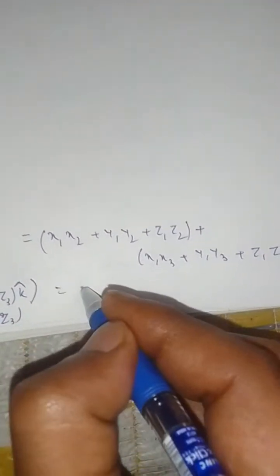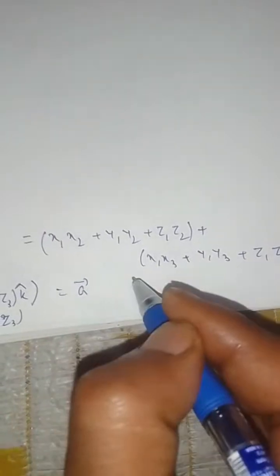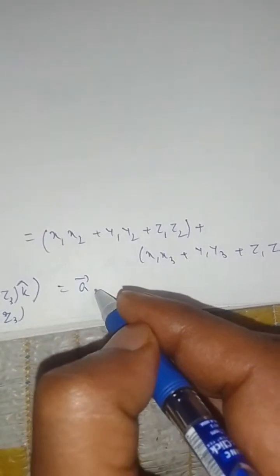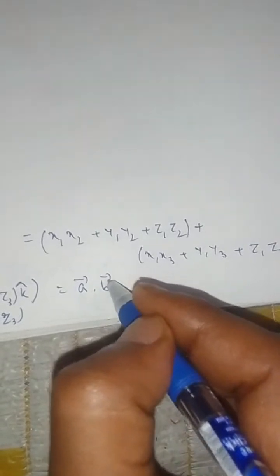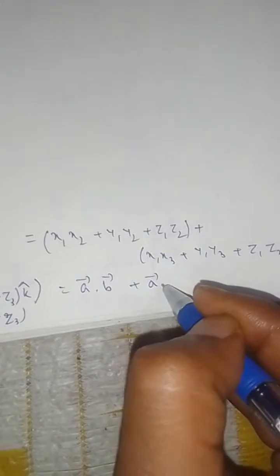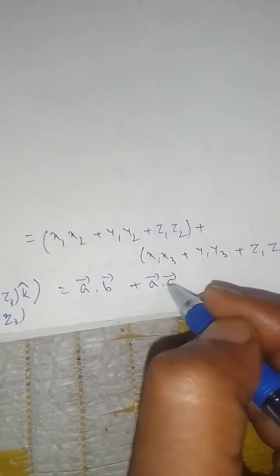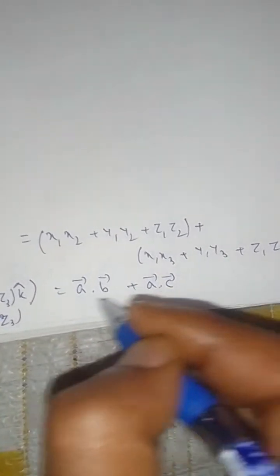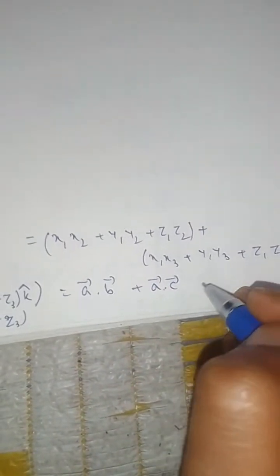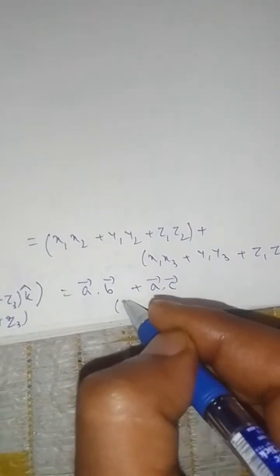This will be a vector dot b vector plus a vector dot c vector. This is our distributive law.